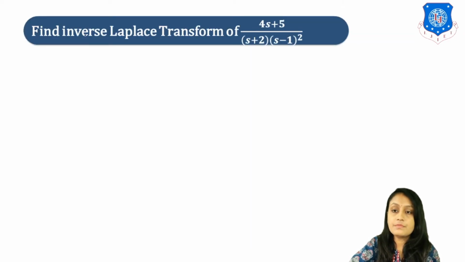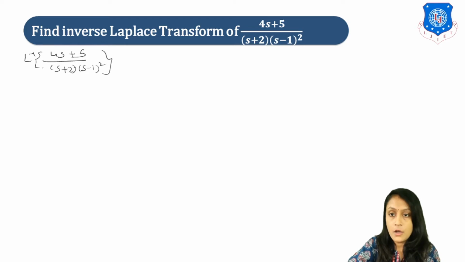Okay, now let's solve one more example. We have to find the Laplace inverse of 4s plus 5 upon (s plus 2)(s minus 1) whole square. In the denominator we have linear terms, but s minus 1 is repeating. So how will we write this?